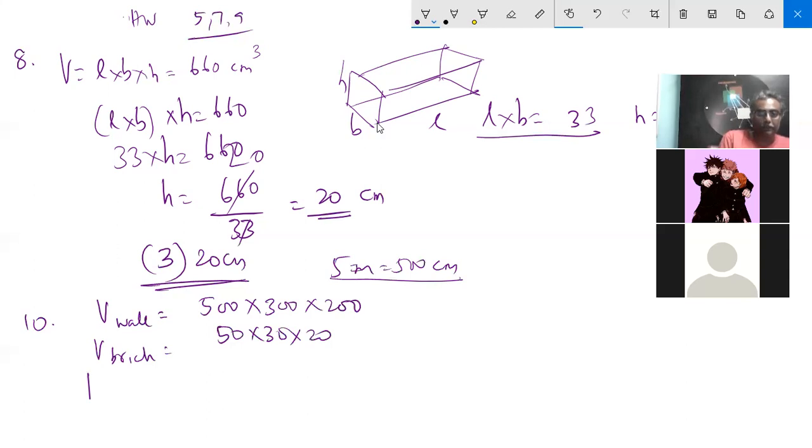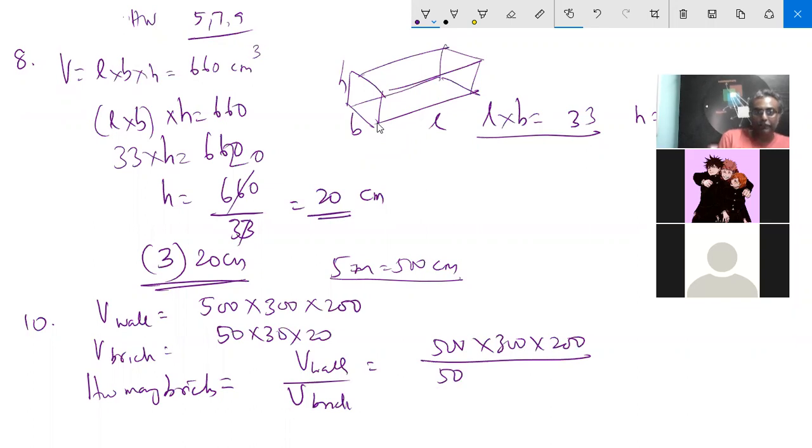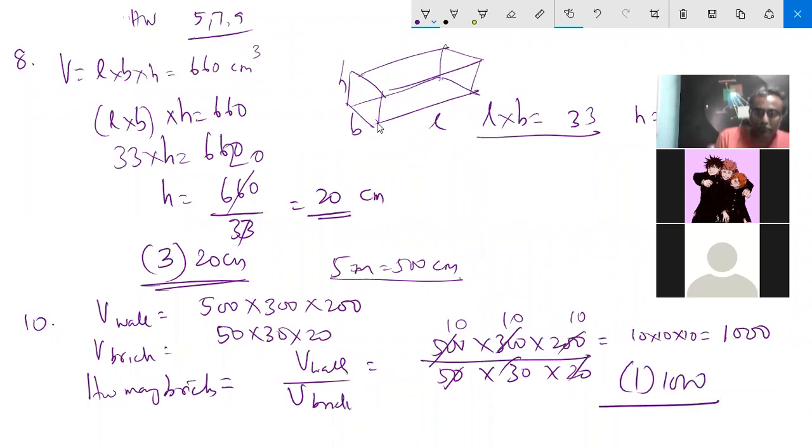Now, how many bricks do you need? Simply volume of wall by volume of brick. That is equal to 500 into 300 into 200 divided by 50 into 30 into 20. Everywhere this becomes 10, this becomes 10, this becomes 10. 10 into 10 into 10, how much? 1000. Which choice? Option 1 is 1000. So you got it.